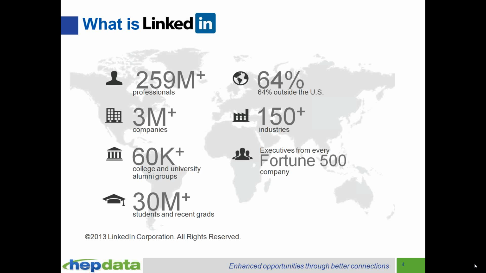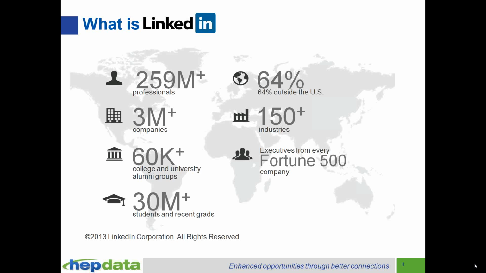So trying to increase the number of basically newly placed college students and recent grads. One of the interesting things about LinkedIn is 64% of the profiles of professionals are actually outside of the United States, so it's a great source for tracking international alumni if you have international programs.